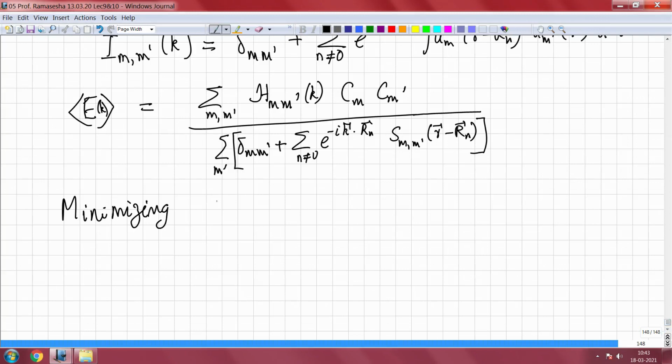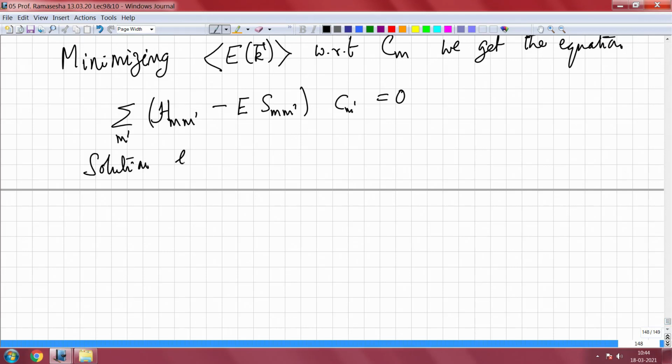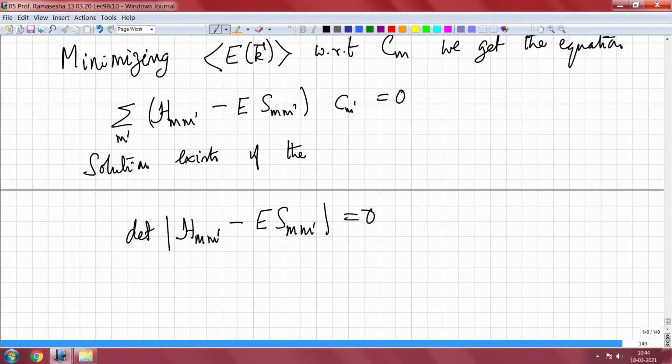So what we are actually doing is minimizing the expectation value of energy as a function of k with respect to the coefficients Cm, we get the equation which is simply sigma over m prime of H m m prime minus E S m m prime times C m prime is equal to 0, and solution of this exists if the determinant of H m m prime minus E S m m prime is equal to 0. So, this is nothing but the Cramer's rule.